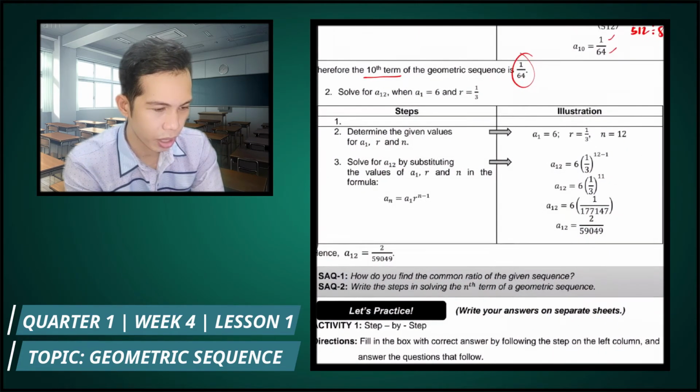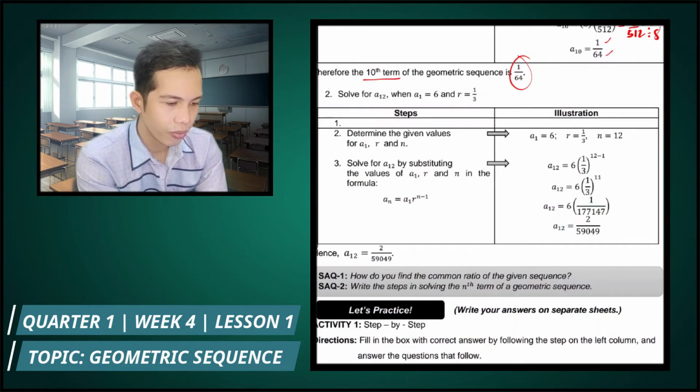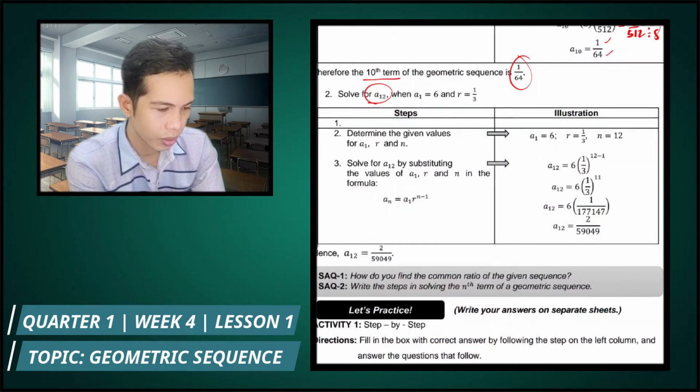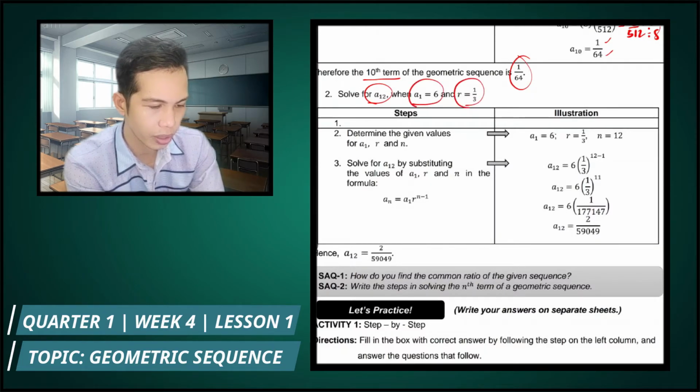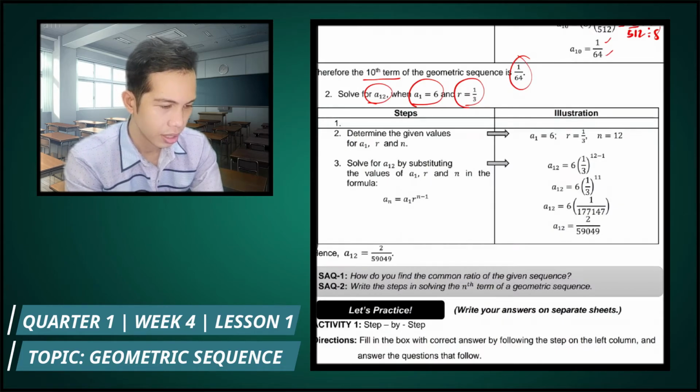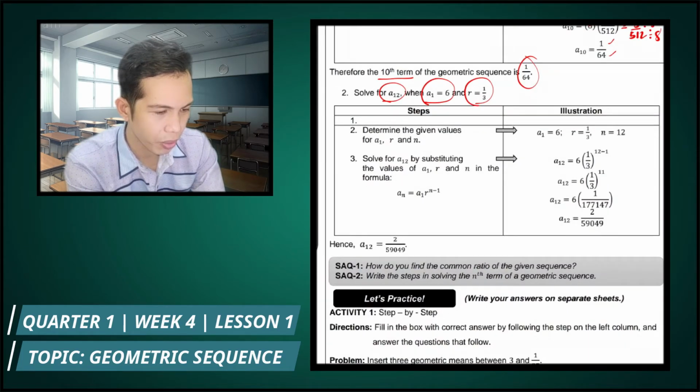Next, we have number 2. Solve for the 12th term, or a sub 12, when a sub 1 is 6 and r is equal to 1 over 3. For step number 1, we are going to skip since the common ratio is already given, 1 over 3. Now proceed to step number 2. Determine the given values for a sub 1, r, and n.